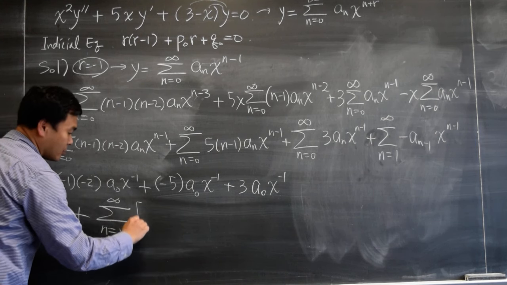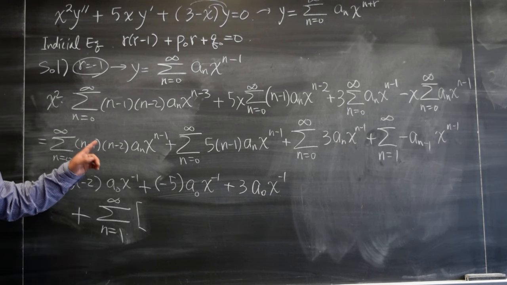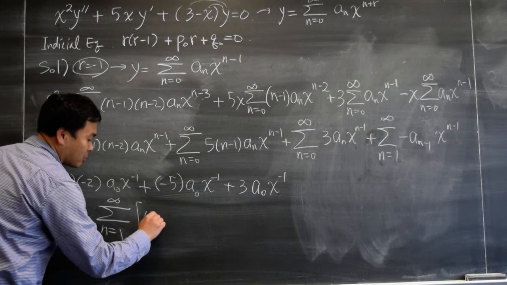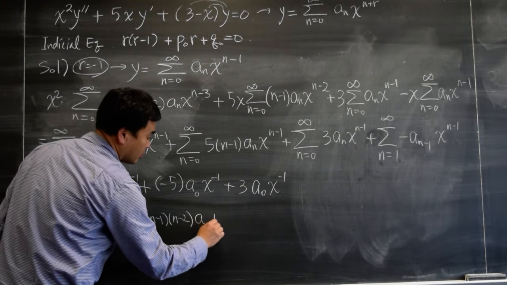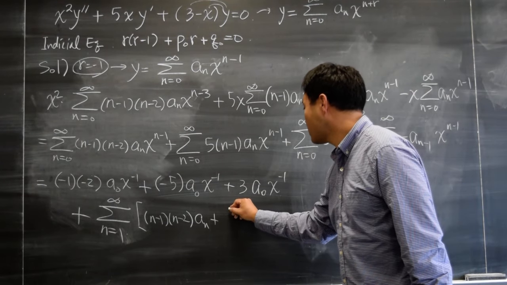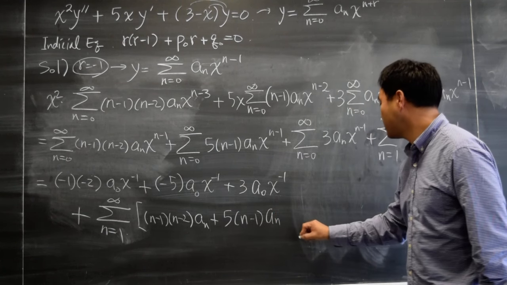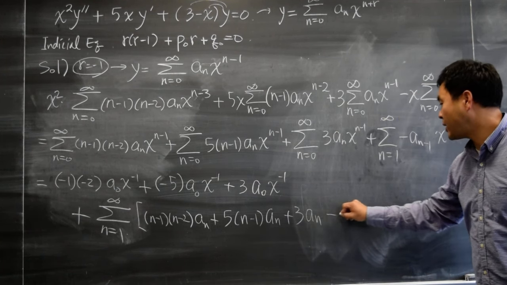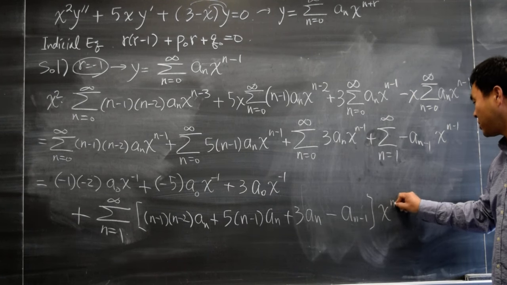And when I combine them, I can even factor out the x to the n minus 1 because they're all the same. So I can do n minus 1, n minus 2, an plus 5, n minus 1, an plus 3, an minus an minus 1 times x to the n minus 1.